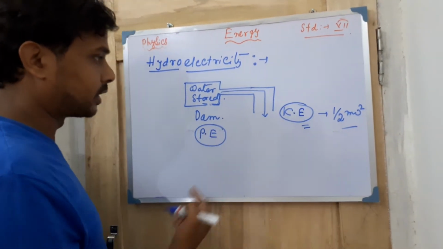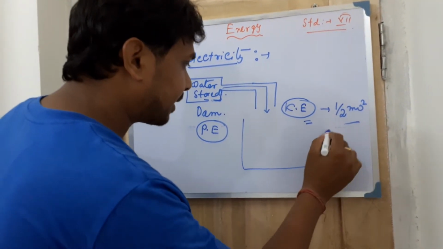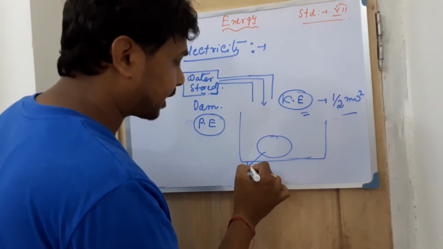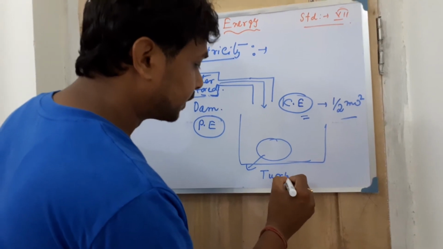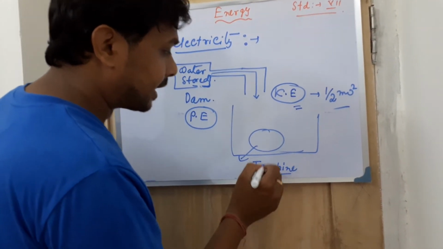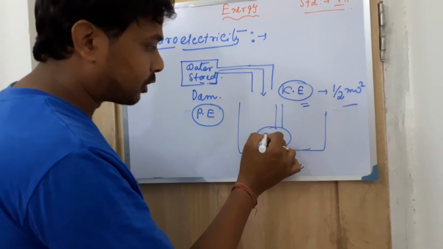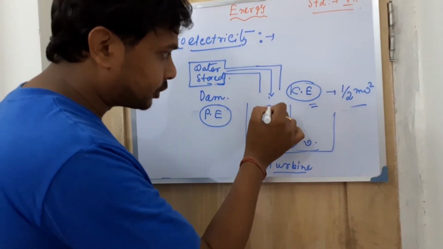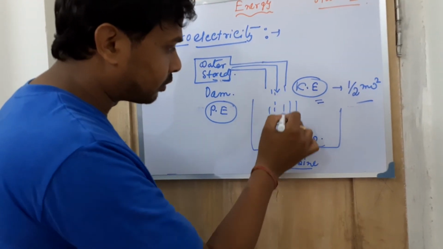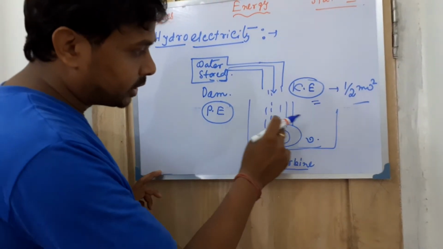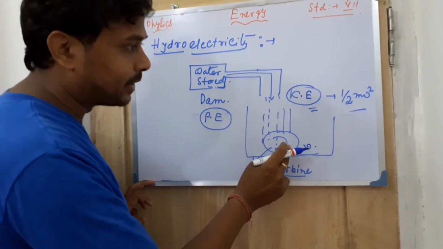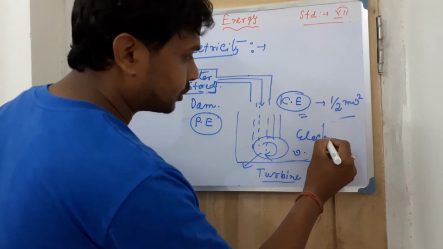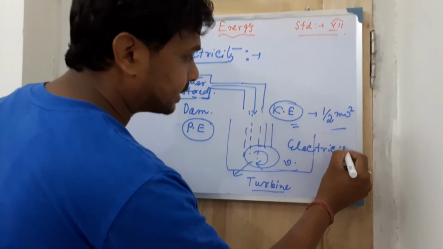Now when this water comes to a particular place where there is a generator or turbine, meaning a device which can rotate with a very high speed, then when the water flows and drops here, the turbine will rotate with a very high velocity, and you will get electric power or electricity from here.